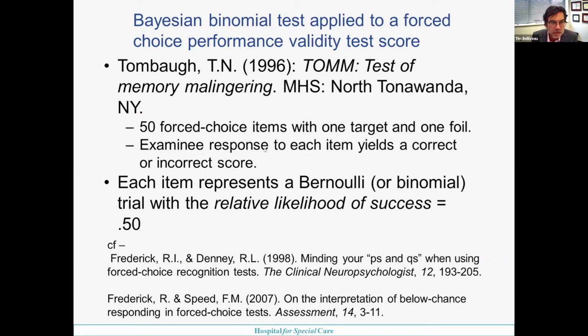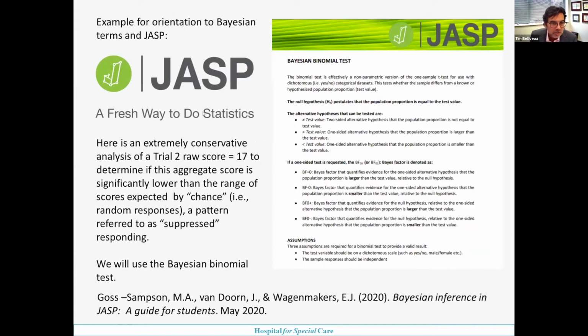So we have a trial 2 and an individual examinee's test score. And for those of you that aren't familiar with the test, there are 50 items, and there's a probability of each item being either correct or incorrect of 50%. So here's some information about the JASP program, and our example is a trial 2 raw score of 17. And the question is, is this score significantly lower than the random range? Now, this is a very stringent way of interpreting this test.